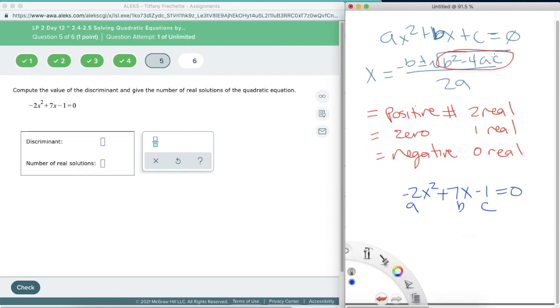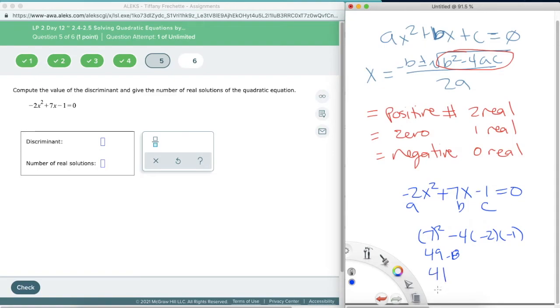But now I'm going to go B squared minus 4 times A times C. So all I care about is this answer here. So that's 49. Negative 4 times 2 is positive 8 times negative 1 is negative 8. So now I have positive 41.